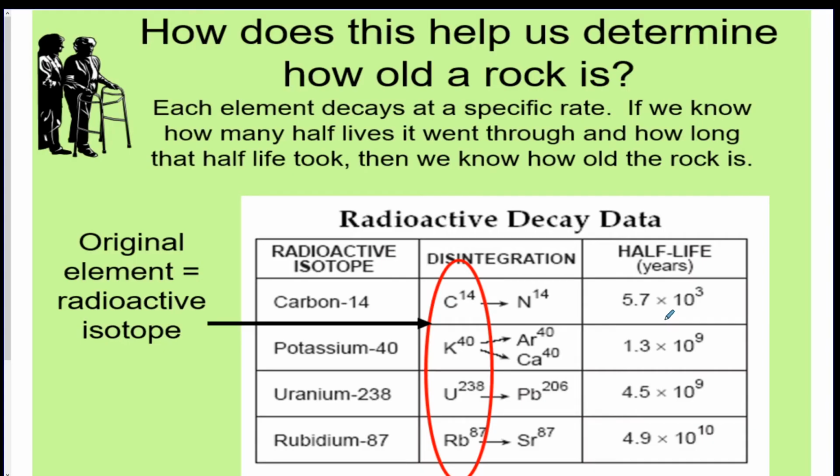So depending on what they look for, an isotope, you could think of an isotope as an atom, they could look for carbon-14, potassium-40, uranium-238, rubidium-87. These are the 4 main ones. All of these have a certain length of time that it takes for them to start disappearing. So if we look inside of them and see how much is left, you can backtrack and figure out how long it took.